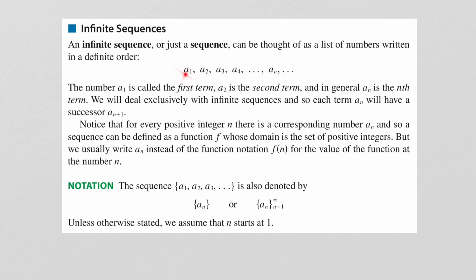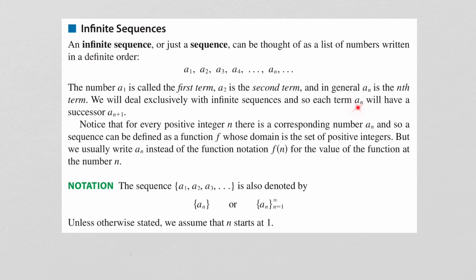So we can read this as A sub 1, A sub 2, A sub 3, etc. Or more commonly, we will simply call this A1, A2, A3, etc. The number A1 is the first term of the sequence, A2 is the second term, and in general, An is the nth term. And we only deal with infinite sequences in this class.